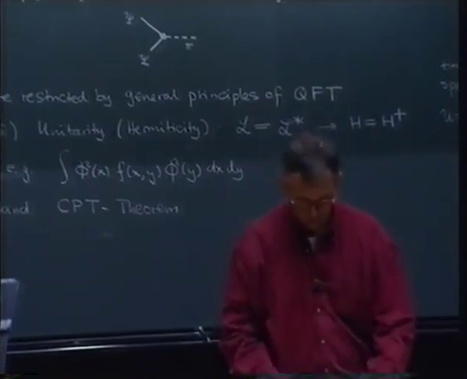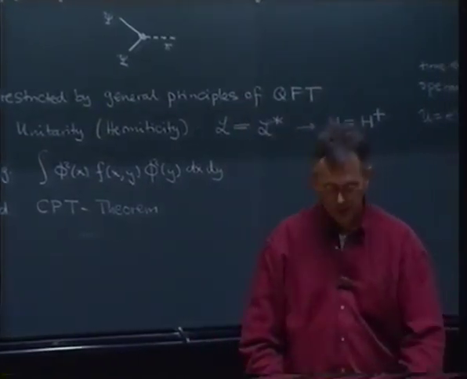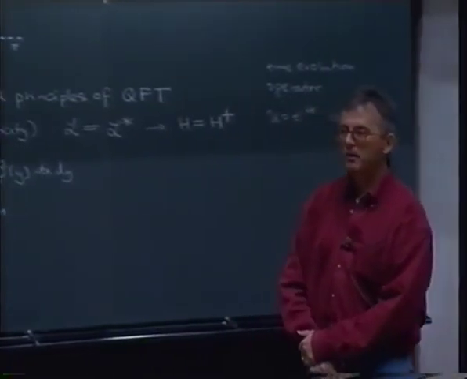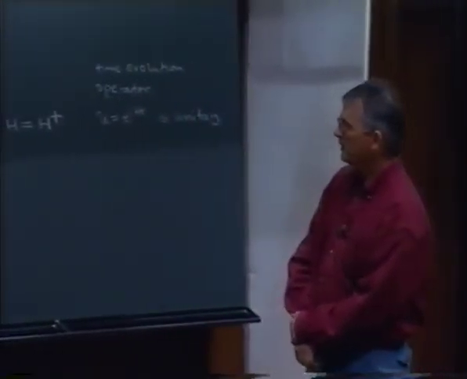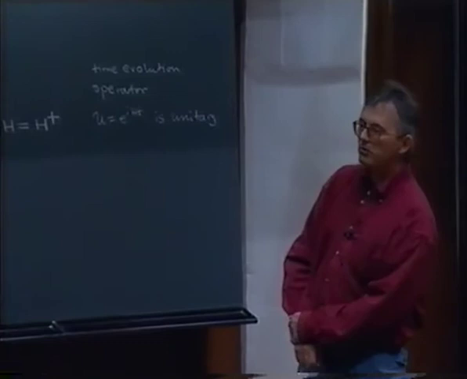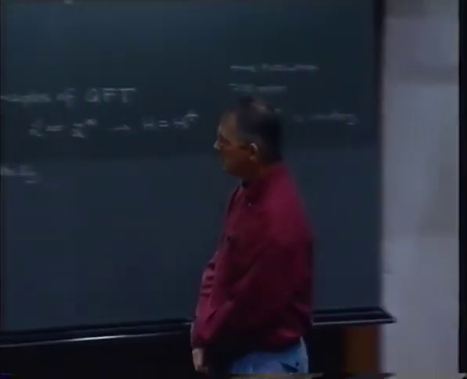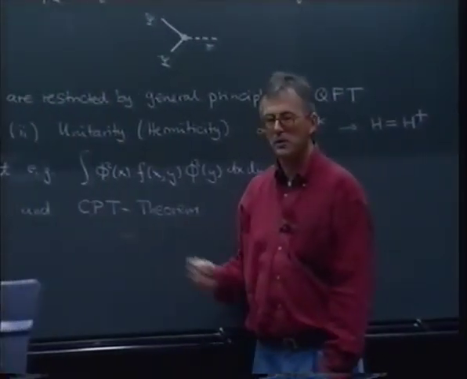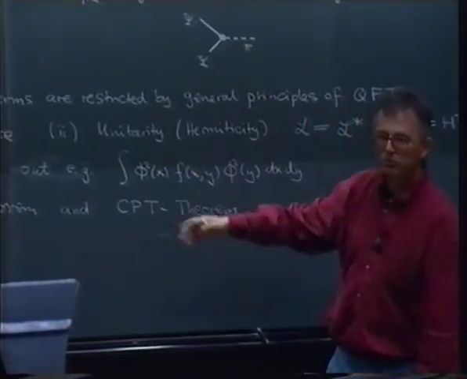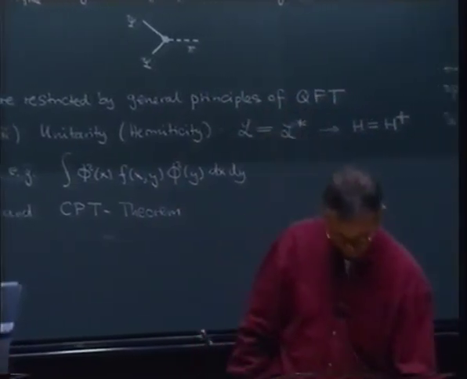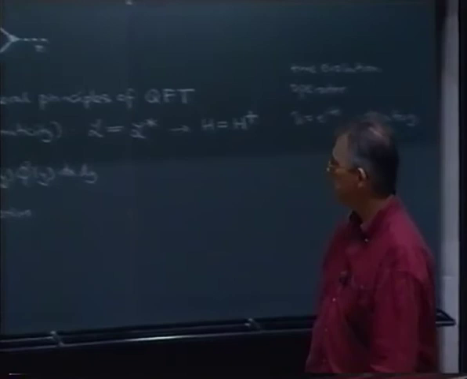As far as I understand, there are tests of this CPT theorem, for example here at CERN, and it would be quite a revolution if someone discovered that CPT was not a symmetry, because it would mean that this whole framework would collapse. So it better be a symmetry.